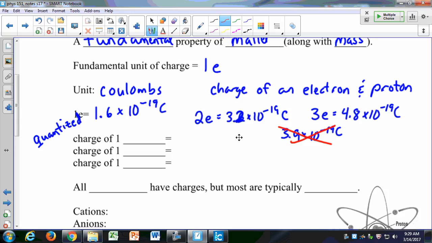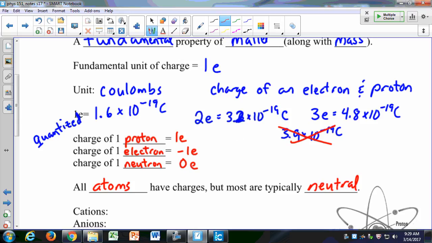The charge of one proton is 1e. I already said this, but the charge of one electron is minus 1e, and the charge of one neutron is 0e. All atoms have charges, but most are typically neutral.